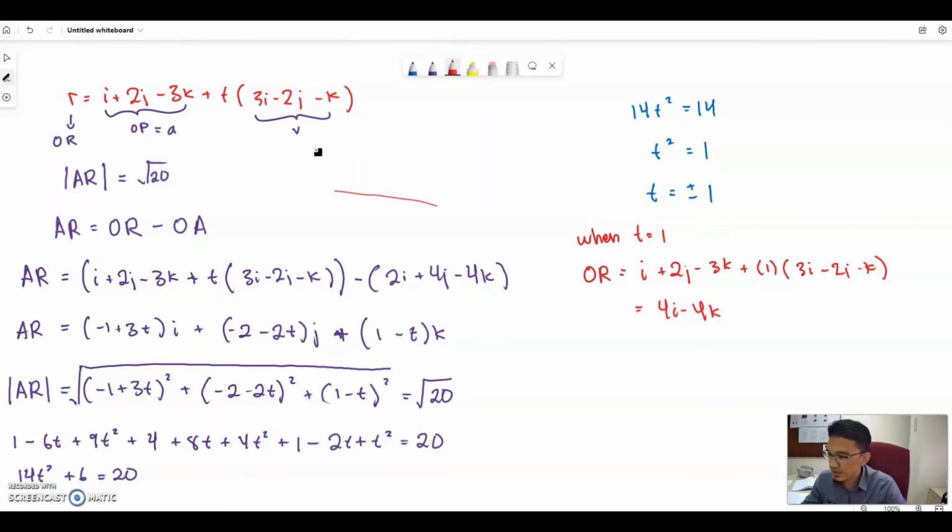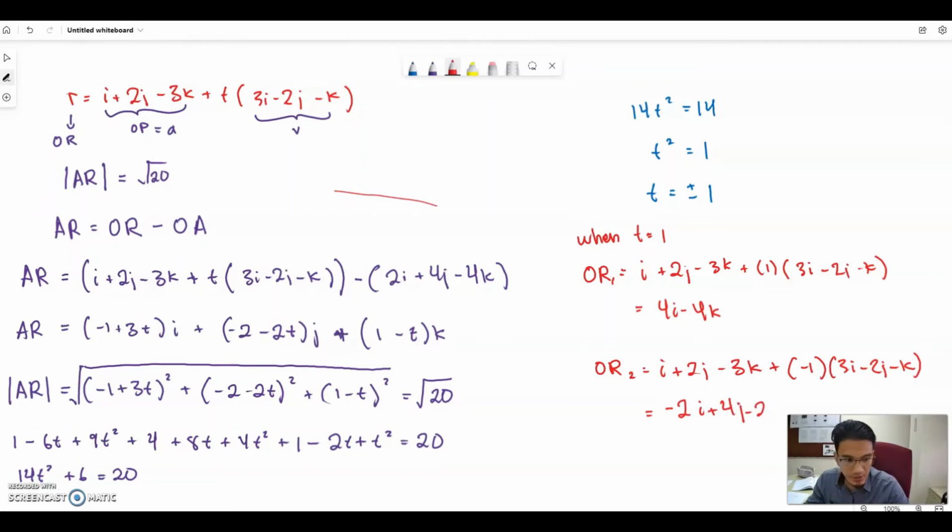Okay, so that is the position vector for the first point. This could be OR1 and this is OR2. Substitute with negative 1. So negative 2i plus 4j minus 2k. Okay, so that is the answer for question B.